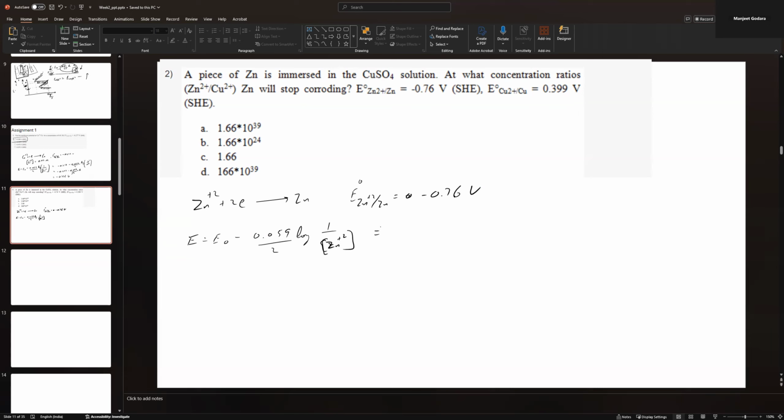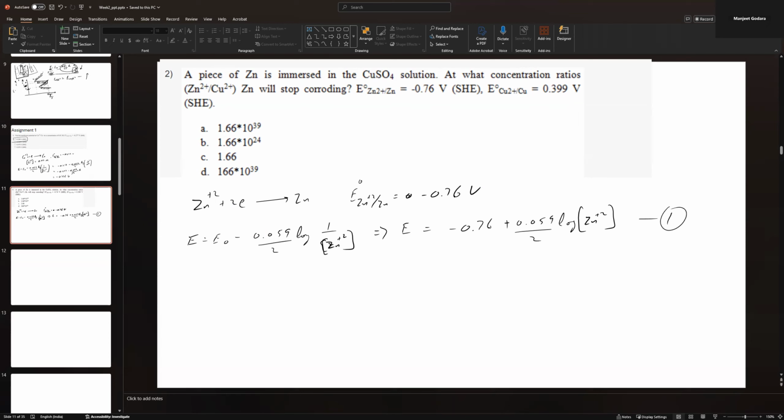So we get E is equal to -0.76 minus 0.059 divided by 2. I'll take the minus sign inside, bringing the minus out on the log, using Zn2+ concentration. This is your first reaction equation.